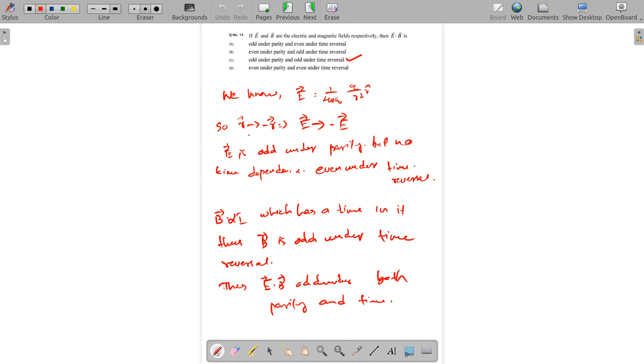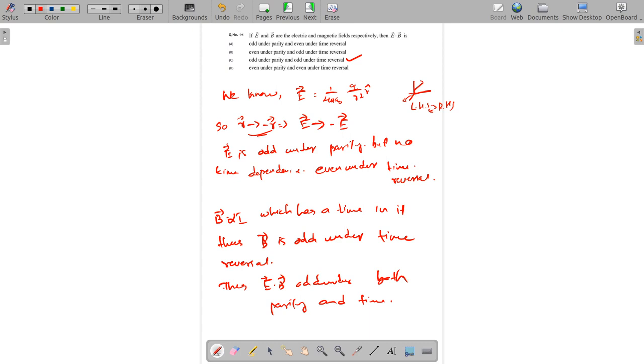The parity operation is basically defined like this: you switch your coordinate system from a left-handed to a right-handed system, a flipping, and reverse also. This is called a parity operation. If you do that, your vector r will go to minus vector r.